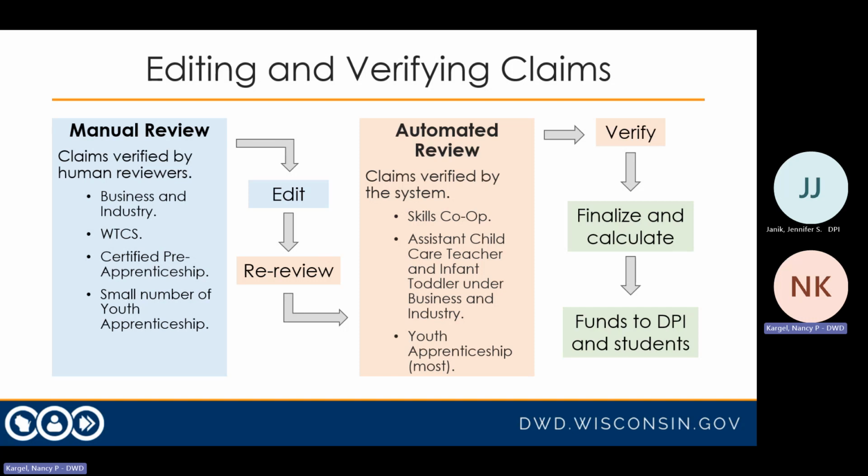These are the skills co-op, assistant childcare teacher, infant toddler, and the bulk of the YA claims. Claims portal system processes are run that assign an initial approval for pay status to each claim. The processes include checking for graduation from the district that submitted the claim and determining which of multiple eligible claims will be paid.